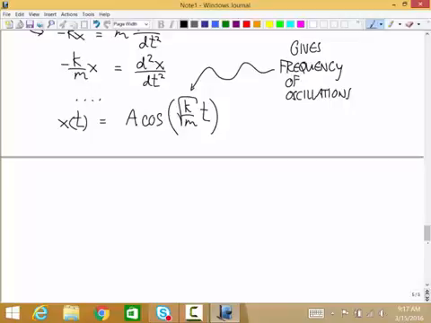Okay, so now we're to the second most important principle in this class. The first one is Newton's second law. This one is Newton's third law. And I'm going to abbreviate it N3L.